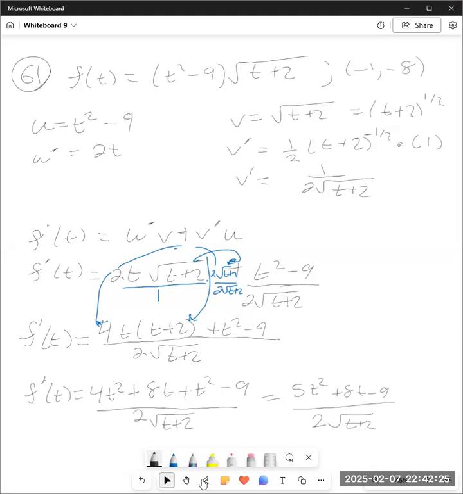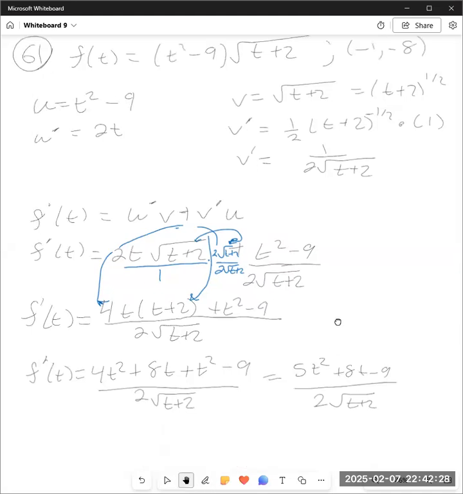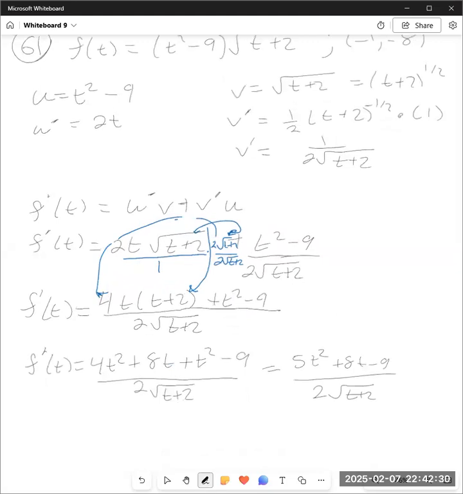Now we need to go ahead and evaluate that when t is -1. So f prime of -1 is 5 times -1 squared plus 8 times -1 minus 9 over 2 times root negative 1 plus 2, which is 5 times 1, plus, let's just call that 5, minus 8 minus 9 over 2 root 1.